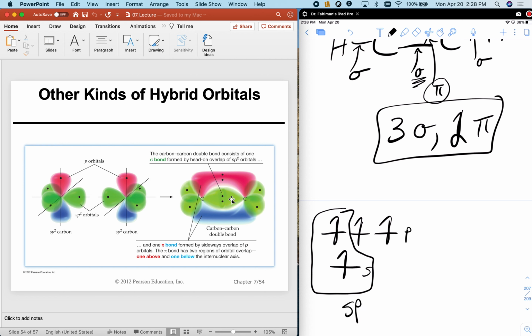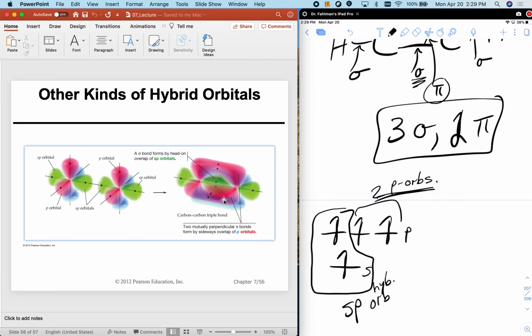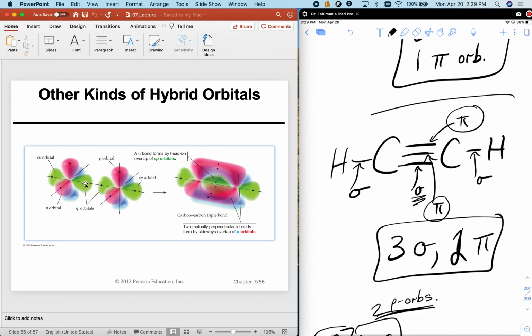You can just do an sp hybrid, and now you're left over with 2 p orbitals. Those are the ones that can overlap above and below that bond axis. So shown here, you've got an sp orbital, which is linear. So this molecule is linear.